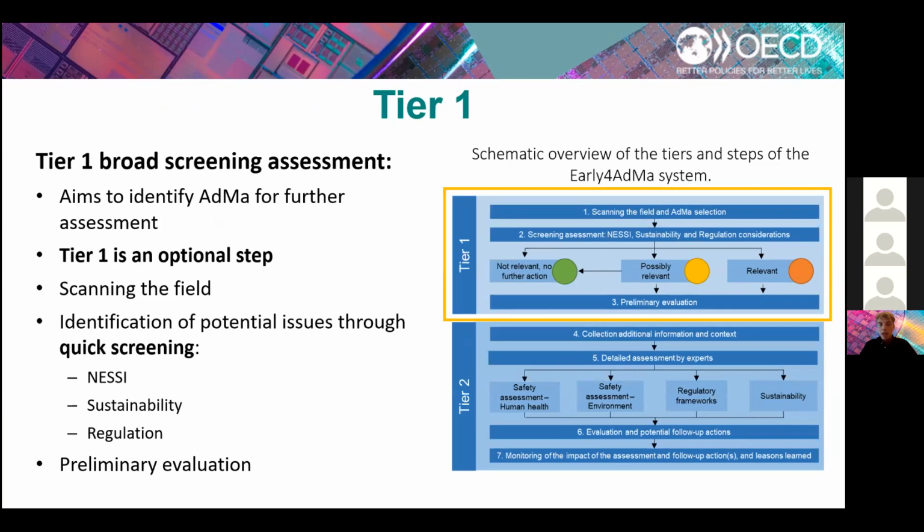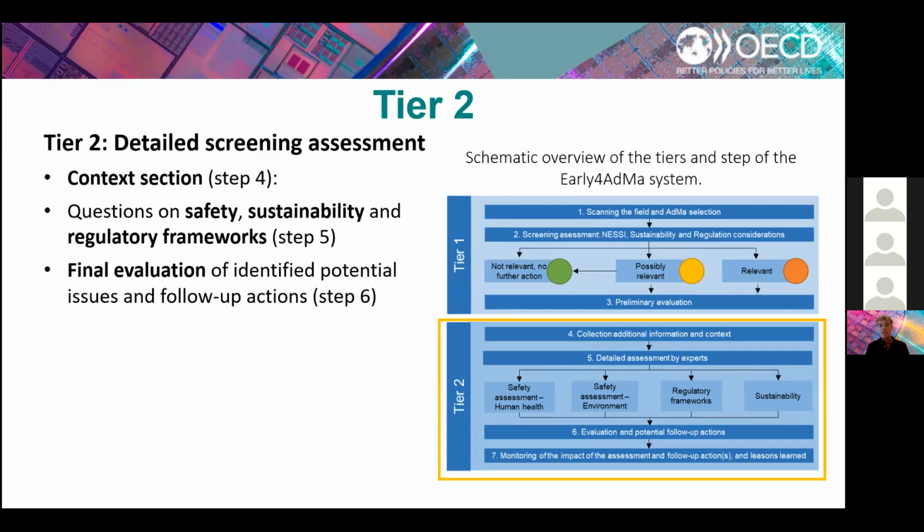So this could be literature studies, but also assessing patent records, etc. And the idea is that based on these selected advanced materials, you do a quick scan on potential issues regarding safety, but also sustainability and regulation. And based on that quick scan, you come up with a preliminary evaluation where you basically say, well, for this advanced material, there are potential issues that I think we need to follow up on. And then you enter the second tier, which is tier 2. Next slide, please.